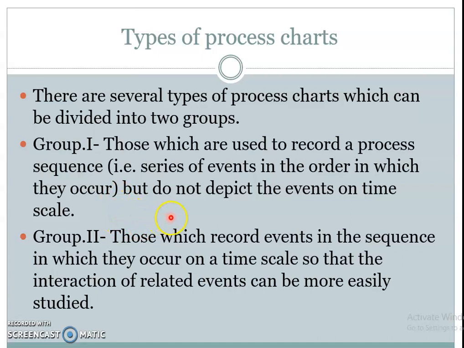Group 2 is the category in which the events are recorded in the sequence in which they occur on a time scale, so that the interaction of related events can be more easily studied. These two groups are important for the classification of further process charts.